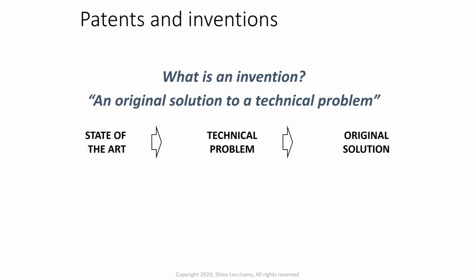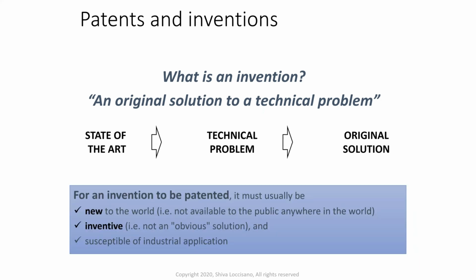This original solution is our invention, and it can be patented only if it shows to have some specific requisites. And these requisites are mainly the three ones listed here.